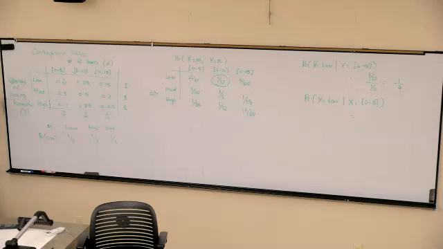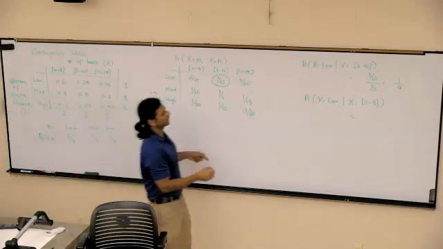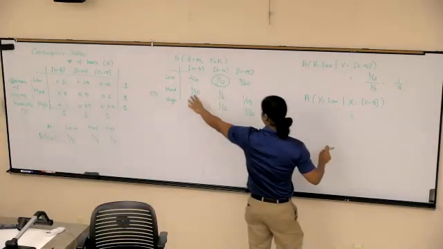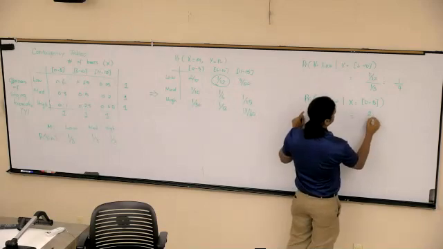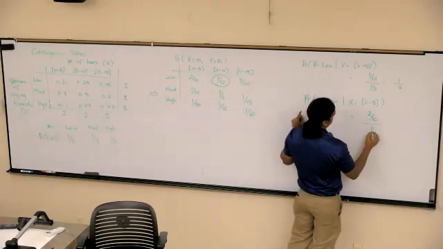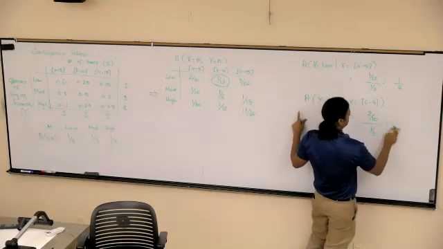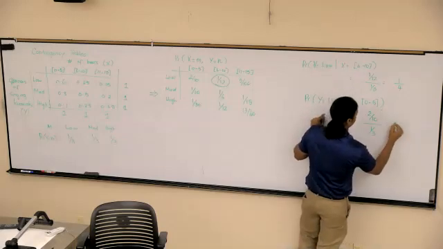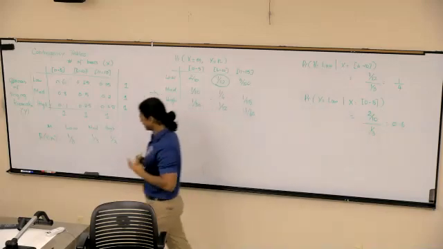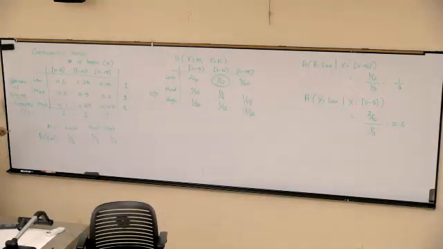So 2 over 10 divided by 1/3. Unintended consequence, but yes. They ended up being conditional probabilities. It makes sense.